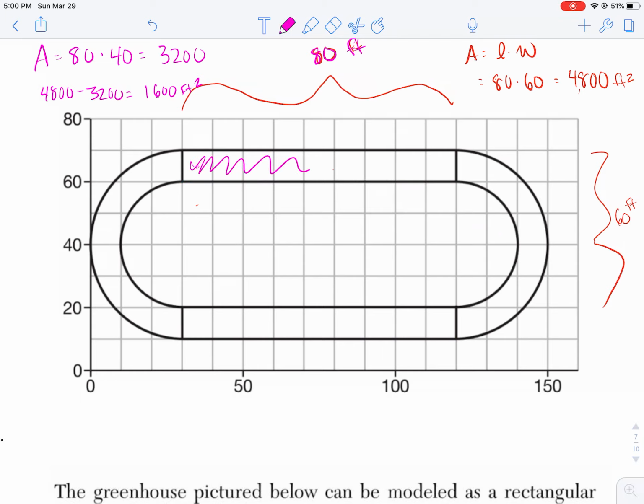Okay? So this section right here, and that piece right there is 1,600 feet squared.